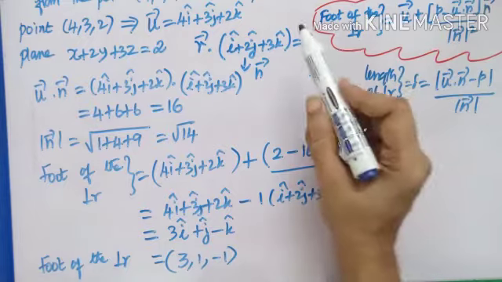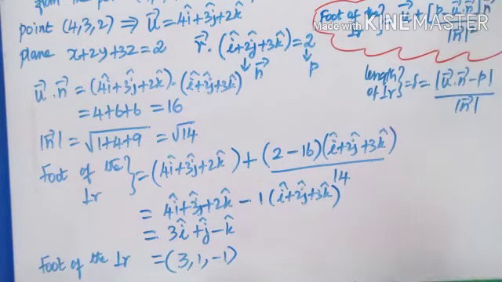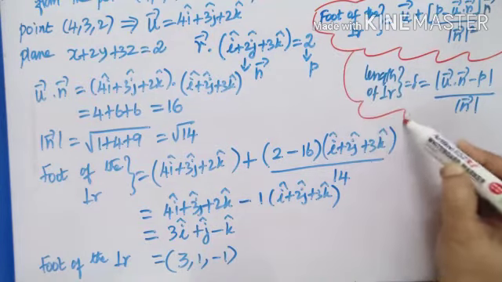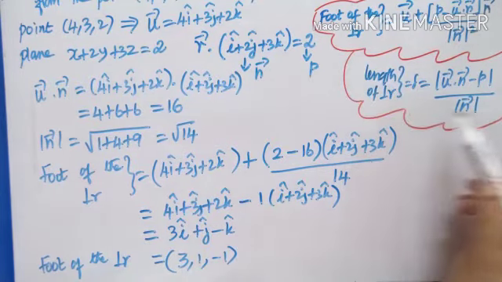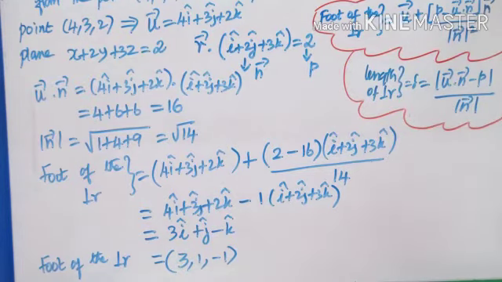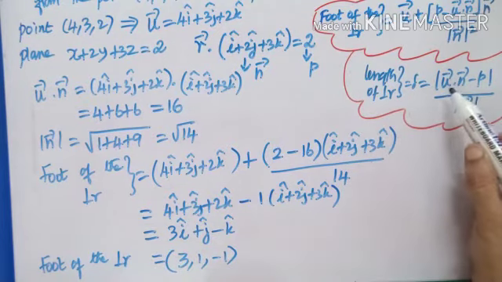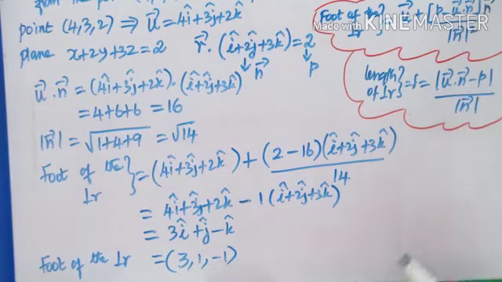Now the second question is length of perpendicular. The length of perpendicular, we have done another method in a problem earlier. We are giving the new formula for it. You can do this method or that method. So the length of perpendicular is mod of (u dot n minus p) by mod n.